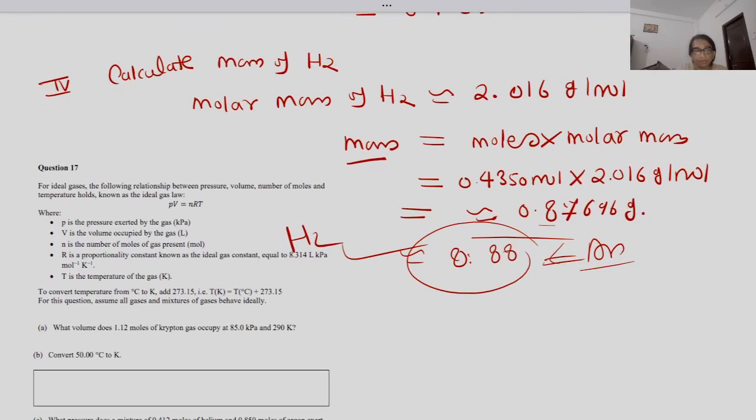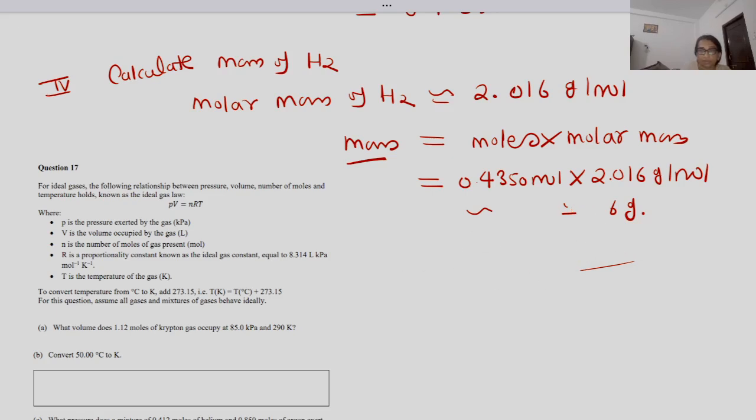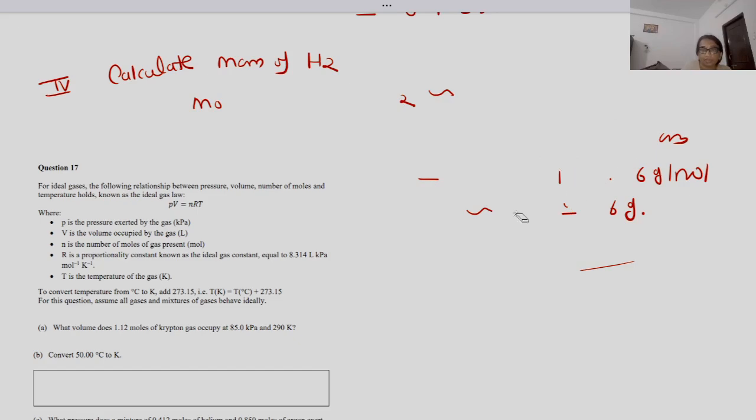Today we will solve some subjective type questions. The statement of the questions starts from question number 17 of the 2024 Australian Olympiad examination.